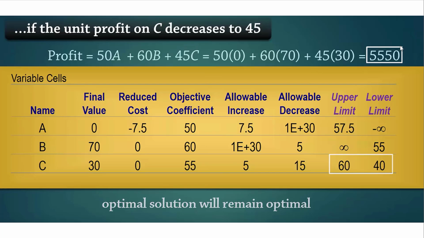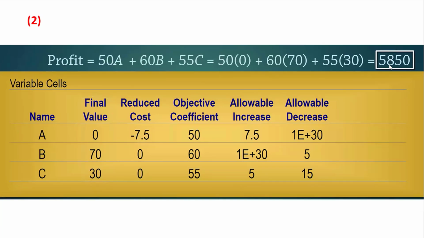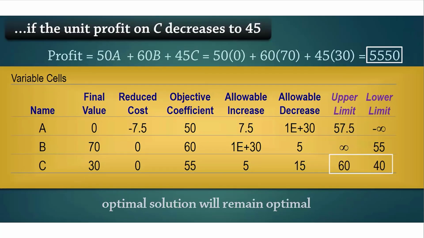This is okay, because as we know, the first optimal solution is 5850. So this new optimal solution is inside the boundaries of the first optimal solution, so decreasing the unit profit on C from 55 to 45 will not change the optimal solution.